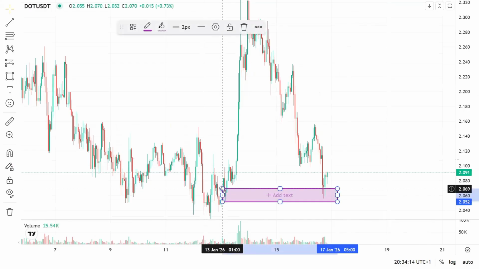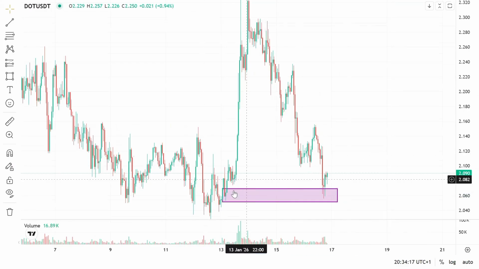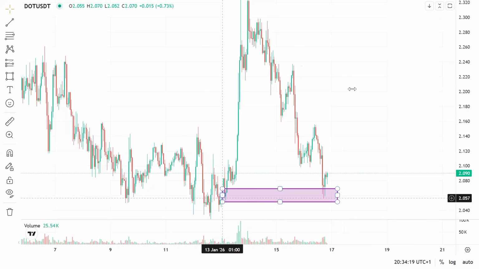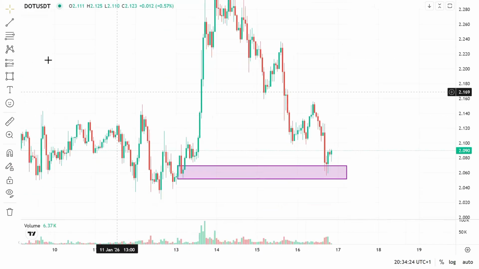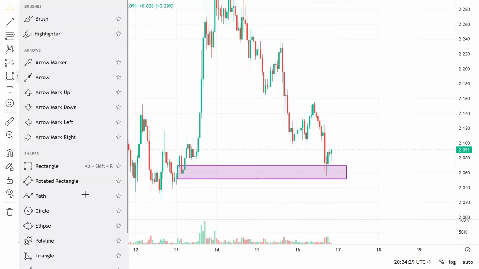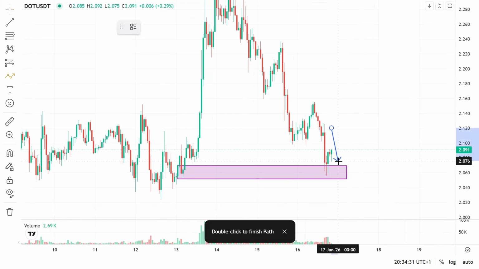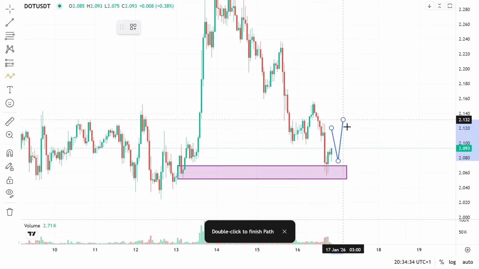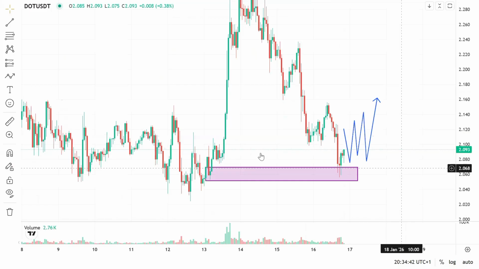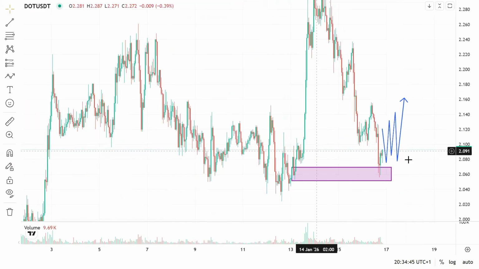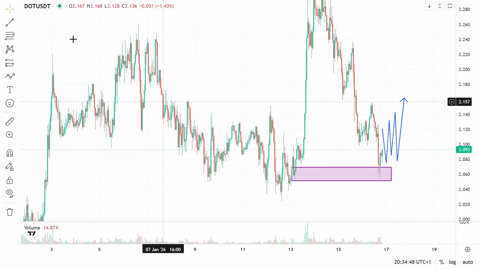My entry is definitely going to be something more confirmed than that. So my entry would be confirmation on the lower time frame. I want to see something like this, maybe a break of structure to the upside. This is exactly what I want to see, right? I want to see this form on the lower time frame.